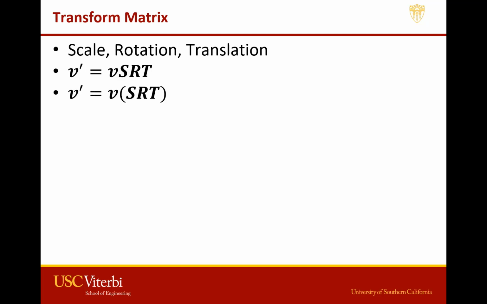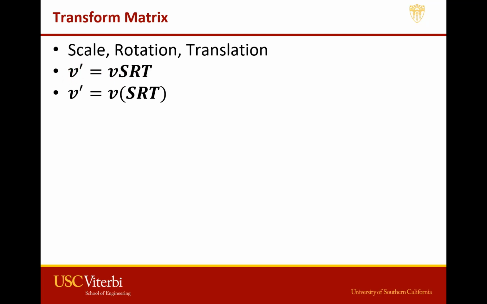Because matrix multiplication is associative, I can drop parentheses around here, which means I could scale the vector, get a new vector, and then I could rotate that new vector to get a new vector, and then I can translate that new vector to get a new vector.